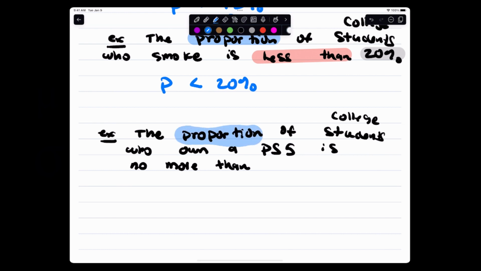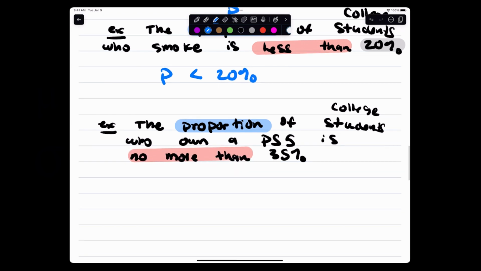So you got the proportion of college students who own a PS5. Let's say it's more than, I don't know, 30% or 35%. And like I said, I'm making these up because my focus is on the language. Remember I say, what's the hardest part of statistics? Language and process. So no more than, what do you think that's going to be?